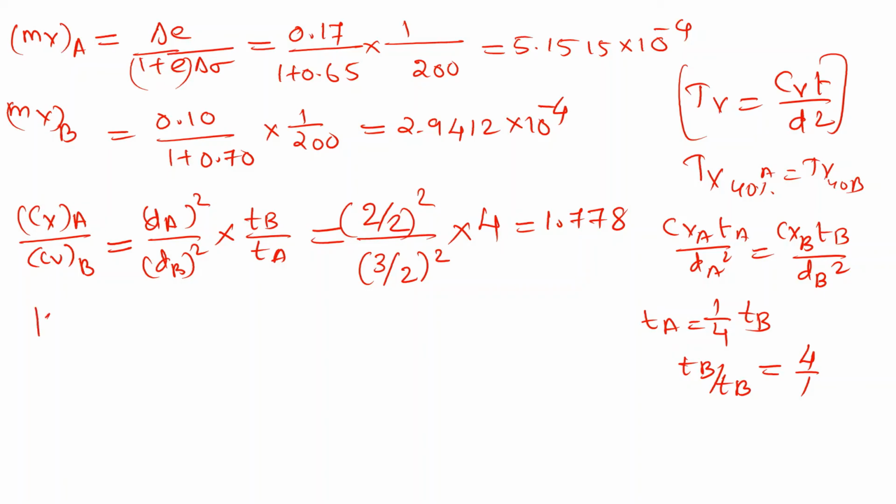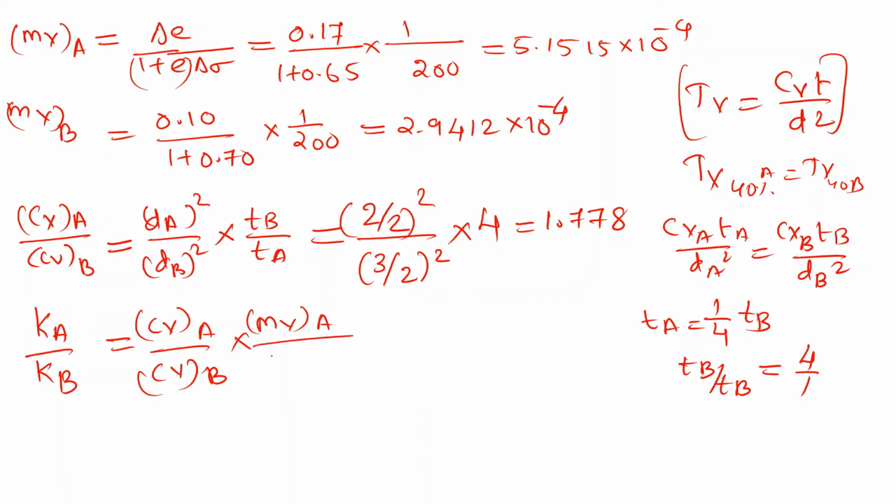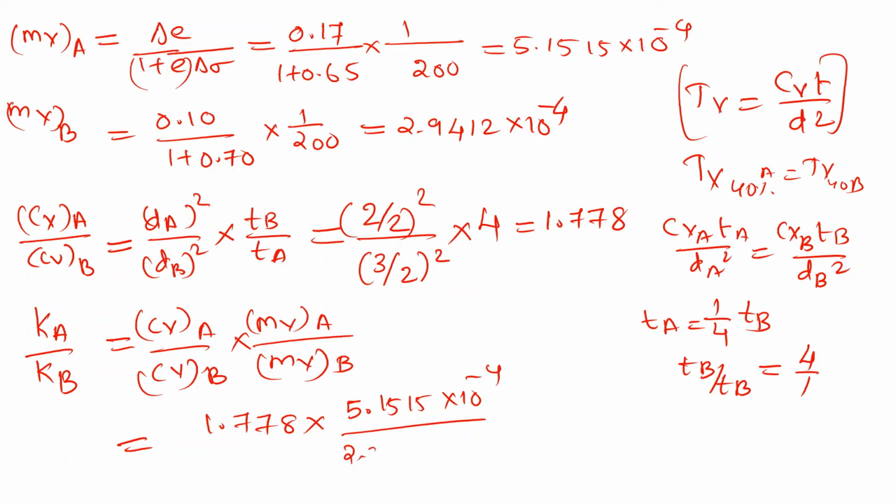We need to find the relation between the coefficients of permeability, Ka by Kb. We already wrote the relation: Cv of A by Cv of B into Mv of A by Mv of B. We know each value: Cv of A by Cv of B is 1.778, and Mv of A by Mv of B is 5.1515 into 10 raised to minus 4 divided by 2.9412 into 10 raised to minus 4.